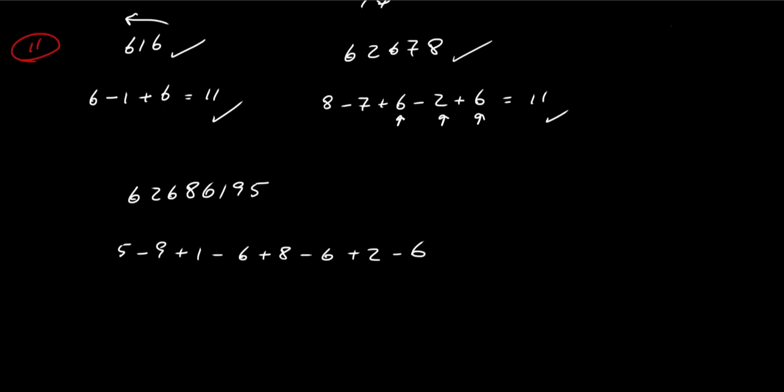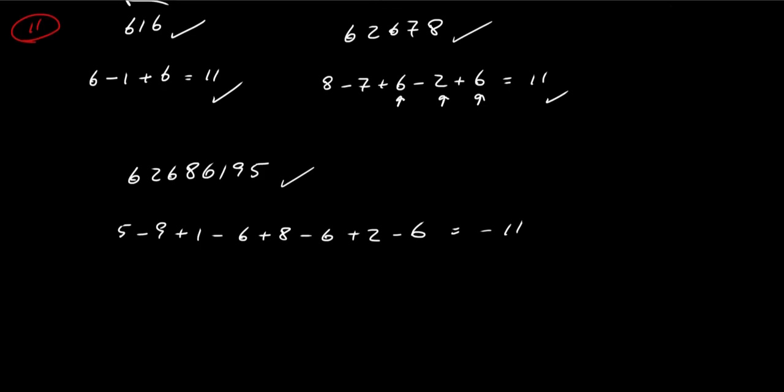So let's see, if we do that, we get 5 minus 9, which is minus 4, minus 4 plus 1, which is minus 3, minus 3 minus 6 is minus 9, minus 9 plus 8 is minus 1, minus 1 minus 6 is minus 7, minus 7 plus 2 is minus 5, minus 5 minus 6 is minus 11. So minus 11 is divisible by 11, so this is divisible by 11.